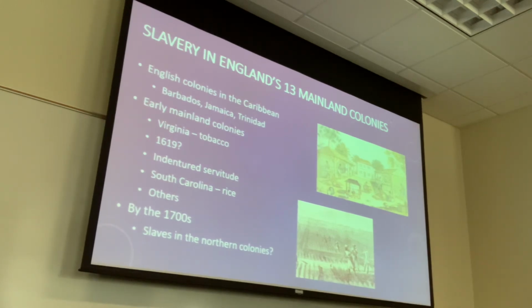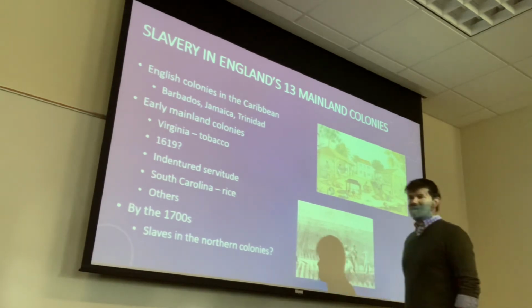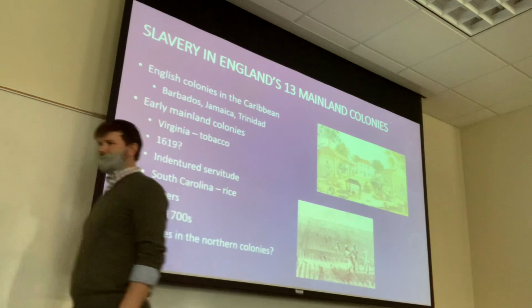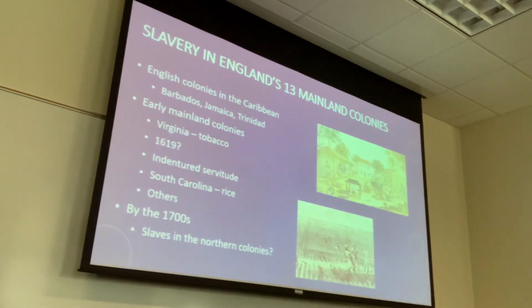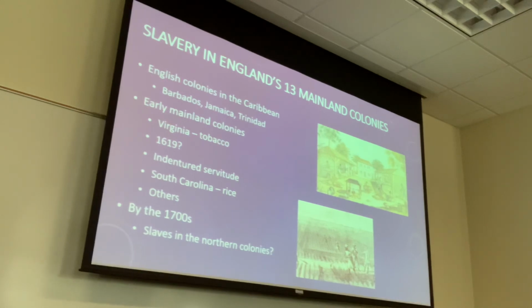This includes, outside of Virginia, North Carolina, a tobacco producing colony, and Maryland, a tobacco producing colony. If you look at your book too, there's even a handy little chart that shows you when slavery was established and the numbers of slaves existing in those colonies, including those to the north.